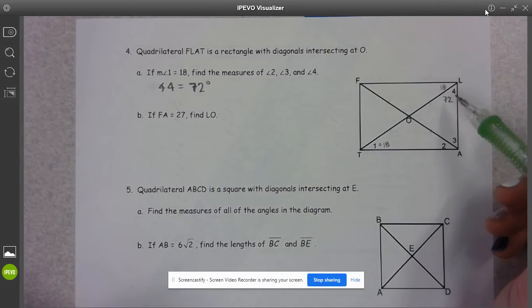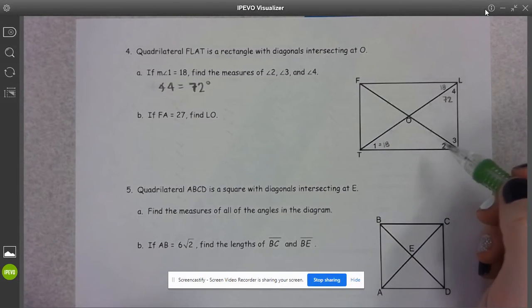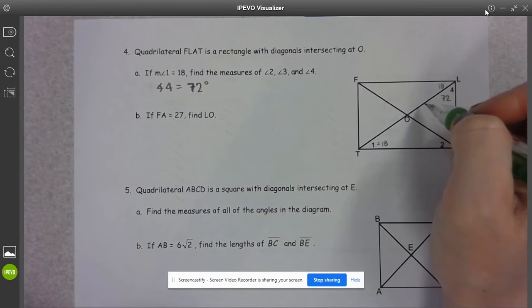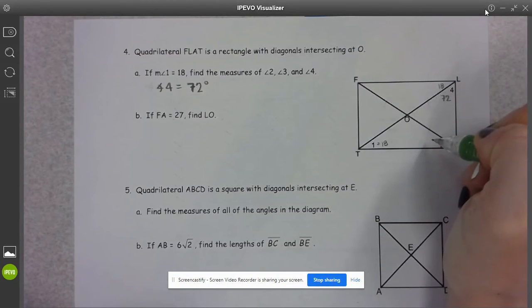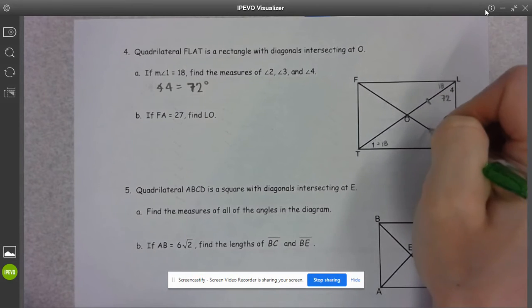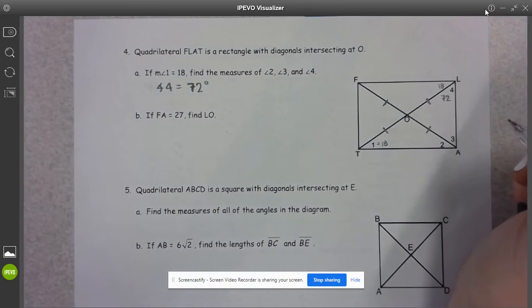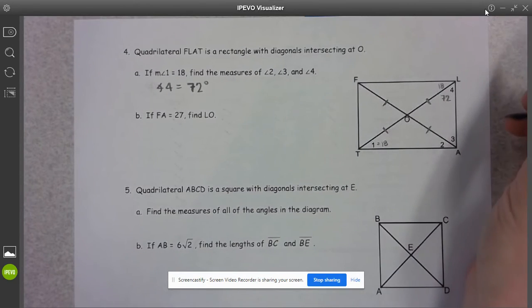All right, so we have angle 4 being 72. Now to find 2 and 3. Since our diagonals bisect each other, I can put tick marks on all corners or all of my diagonal sections that meet at O. I have just created 4 isosceles triangles.